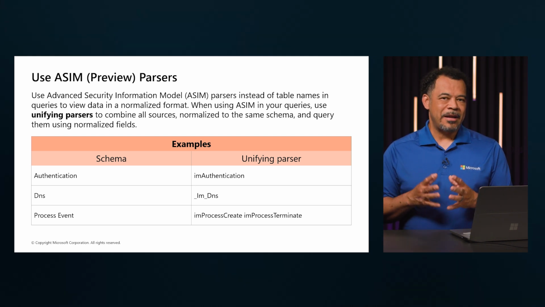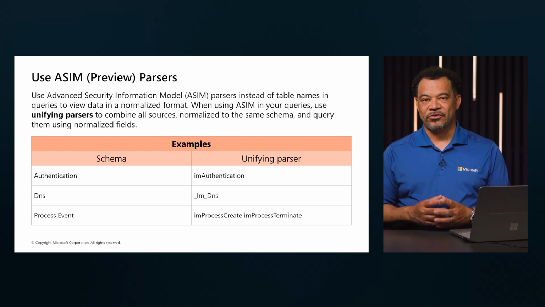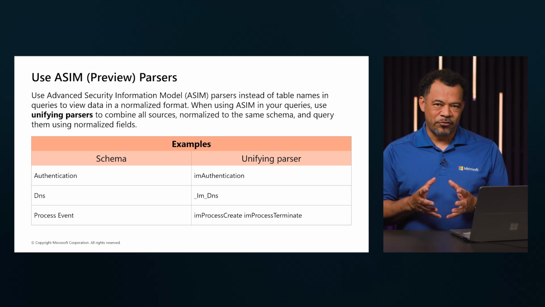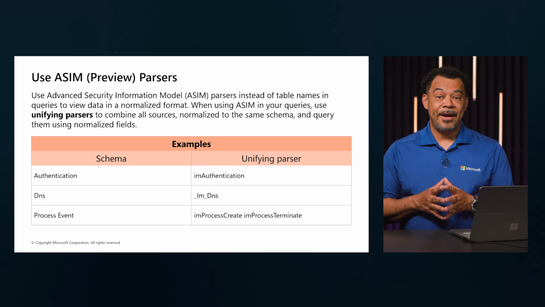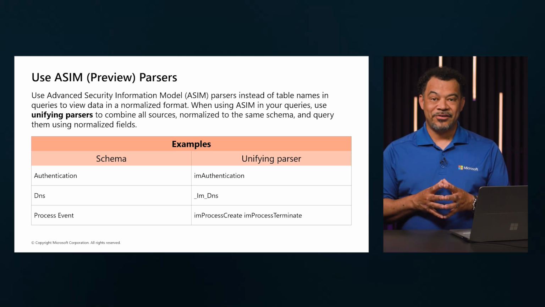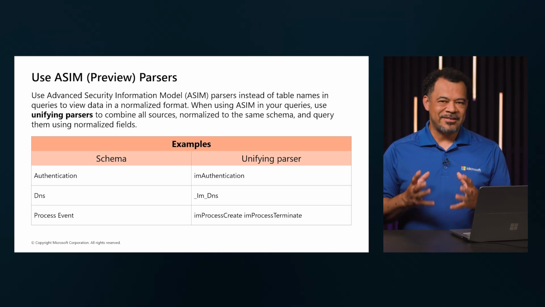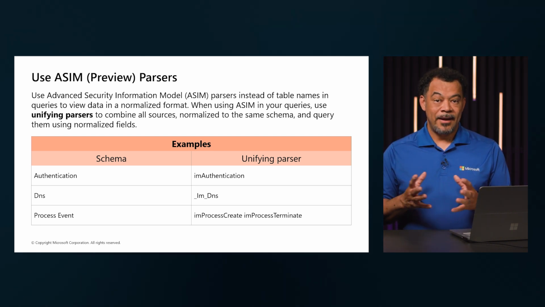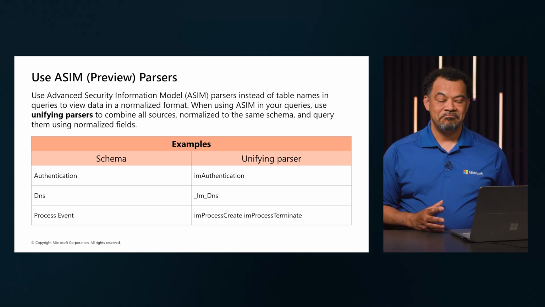DNS queries can be normalized using the IAM DNS parser, making it easier to correlate across different DNS sources. For process-related events, apply both IAM process create and IAM process terminate to capture lifecycle activity. This method simplifies query development and enhances cross-source detection and analytics.